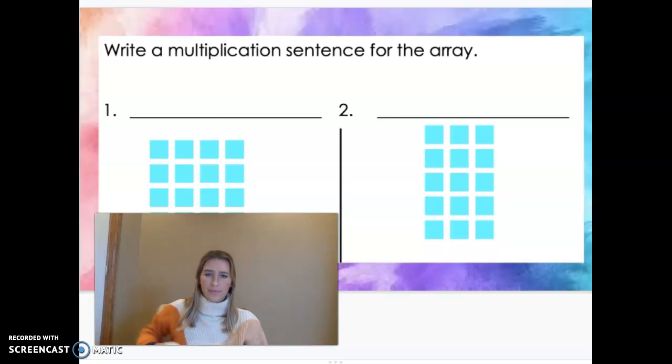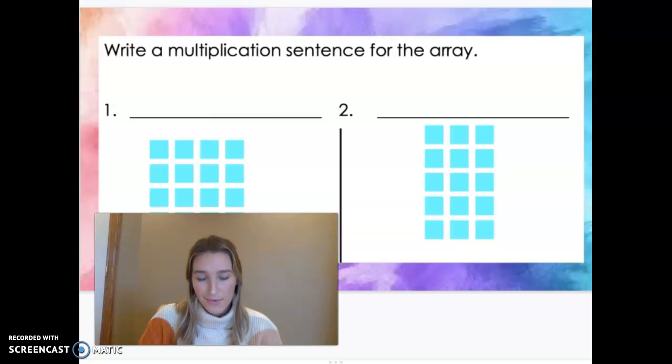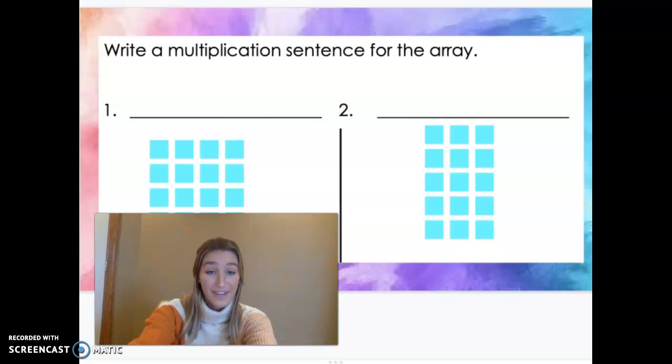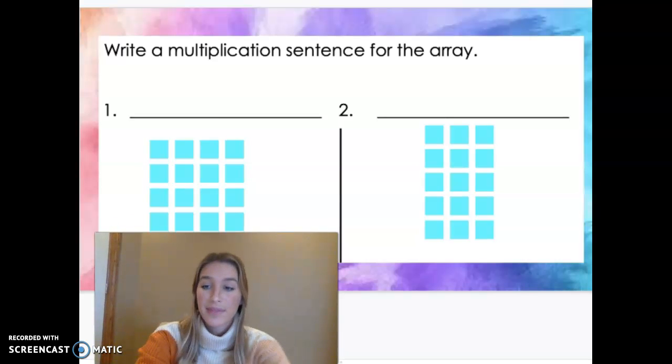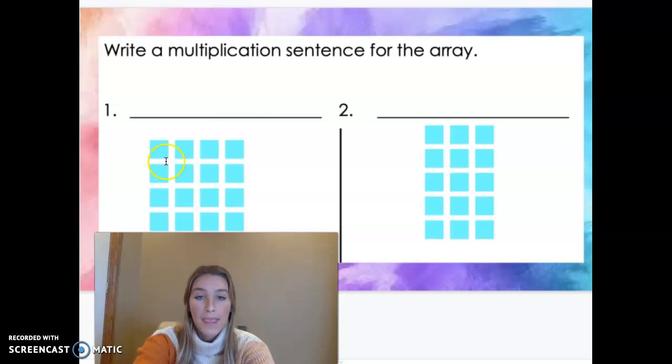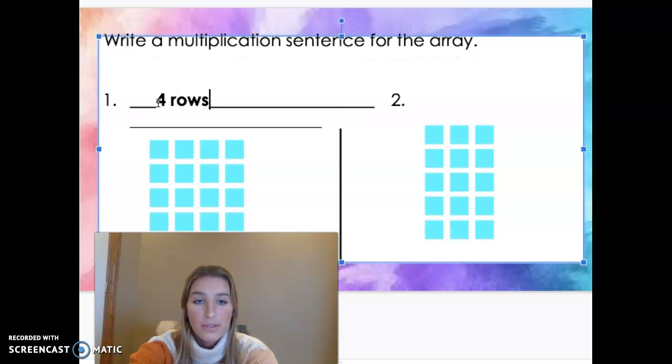Well, now we're going to make a multiplication sentence for the array. So there's no more outline for us. We have to figure it out all on our own, but I know you guys can do it. You're gonna help me, okay? So I see 1, 2, 3, 4 rows. So I know I would write down 4 rows.